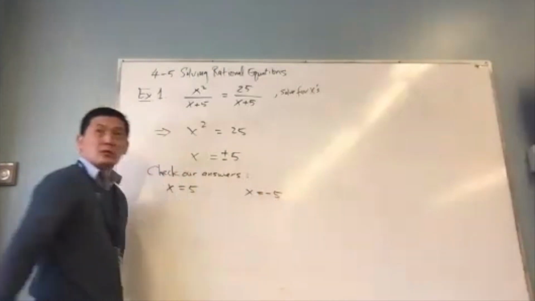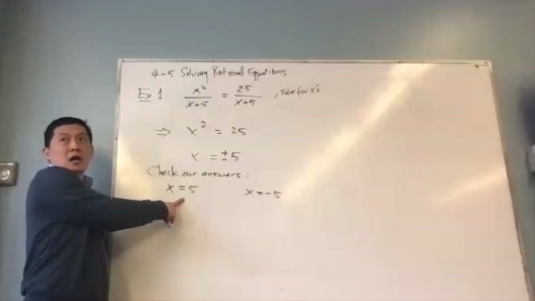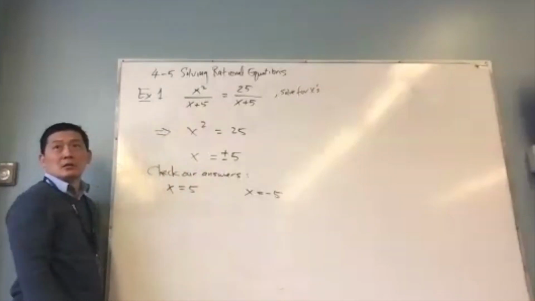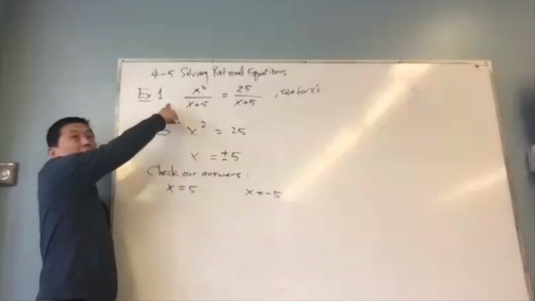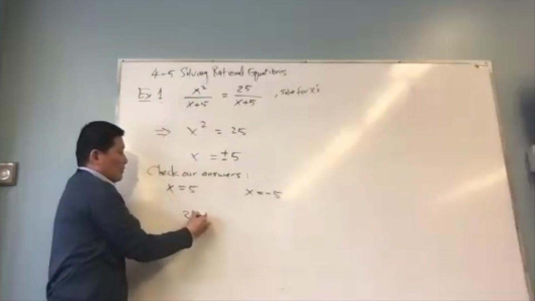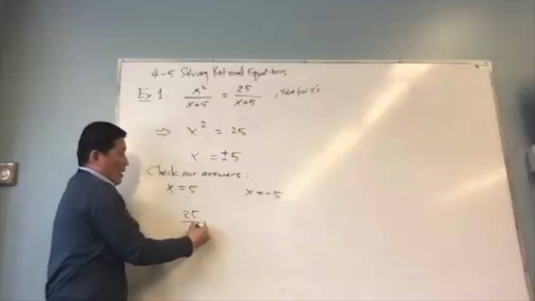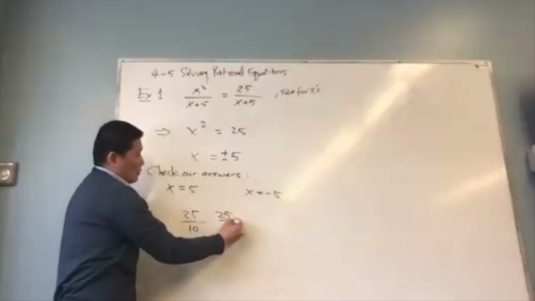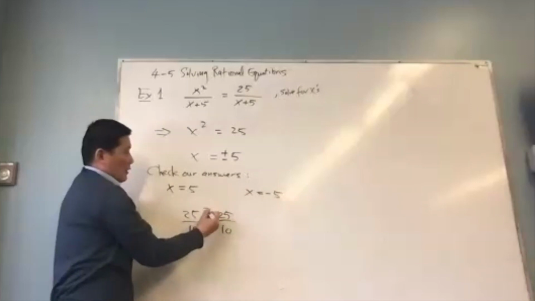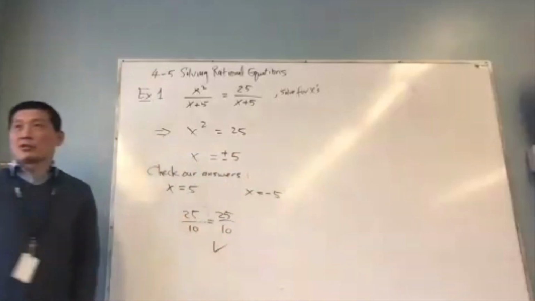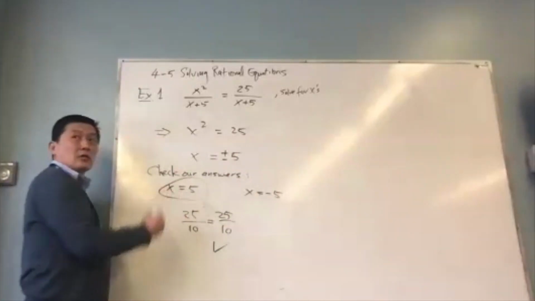You're checking your answer. I put in 5. Do I put 5 in here or do I put 5 in here? The top one, right? Not this one. So if I put this one in there, I get 25 over 10, and 25 over 10 checks out. So this is our answer.